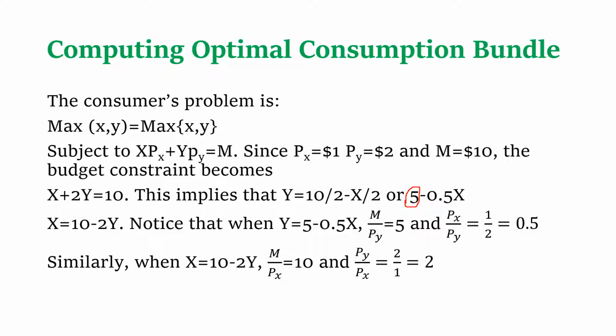So once we have x equals 10 minus 2y, we now have y equals 10 minus 2y, right? So 10 there is 10 over 1, which is m over px. Px is 1. 10 over 1 is just 10.